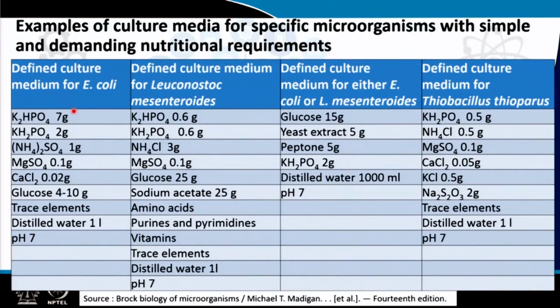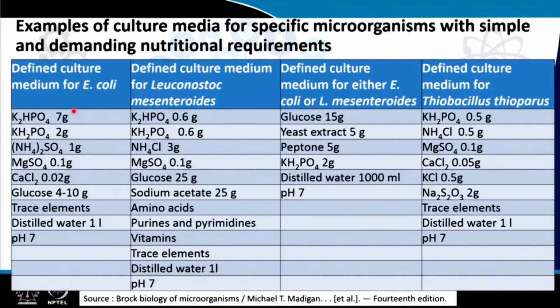Whereas, in case of the complex medium, the individual ingredients might be known to us, but the composition of those ingredients, like peptone for example, or the yeast extract, we are unable to define exactly how much carbon is there in the medium through yeast extract. It is very difficult to determine that.